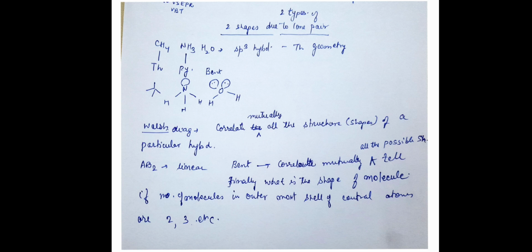AB2 linear and bent: correlate mutually all the possible shapes, and finally tell what the shape of the molecule is. If the number of electrons in the outermost shell of the central atom is 2, 3, etc., we first find out the number of electrons present in the outer shell of the central atom. Then we correlate each and every property of that particular molecule. I will tell you in the next slide.